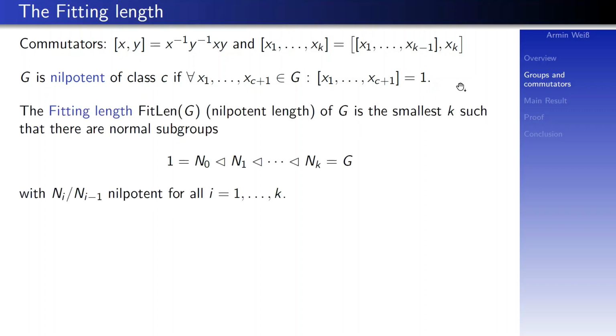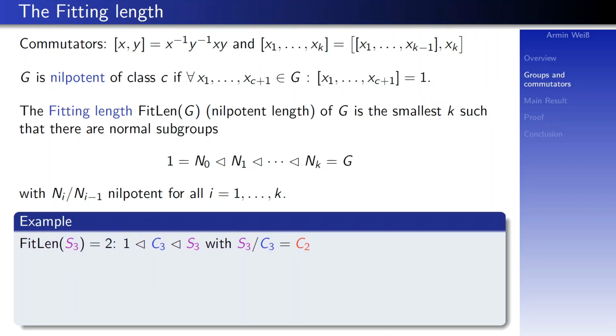Now the fitting length of a group, also called nilpotent length sometimes, is the smallest k such that there is a sequence of normal subgroups N0, N1 and so on, such that each quotient of two successive normal subgroups is nilpotent. That's very related to the derived length of a group. For the derived length, we would require that the two successive quotients are abelian. So that means the fitting length is always less or equal than the derived length of a group.